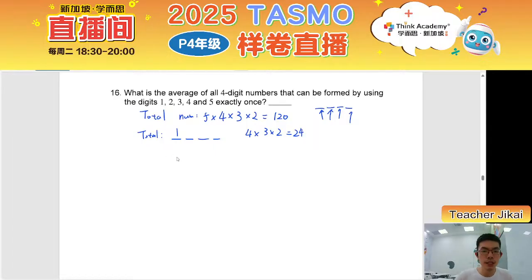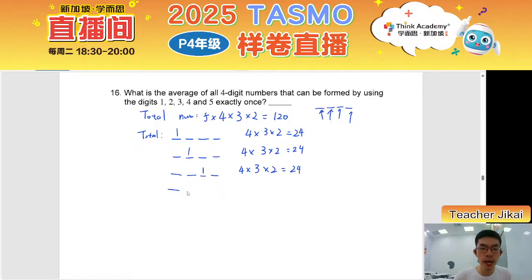24 here. So how about 1 on the hundreds place? Thousands, 4 choices. Hundreds, it is 1. Tens, 3 choices, ones, 2 choices. 24. How about 1 on the tens digit? 4 choices for the thousands, 3 choices for the hundreds, 2 choices for the ones.